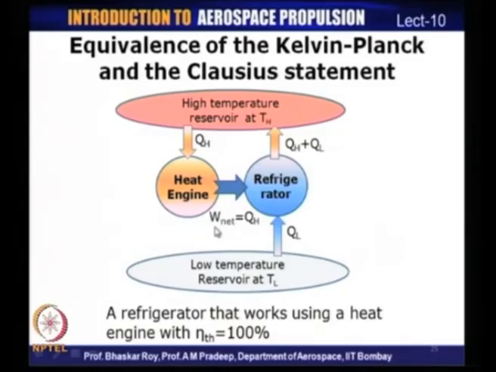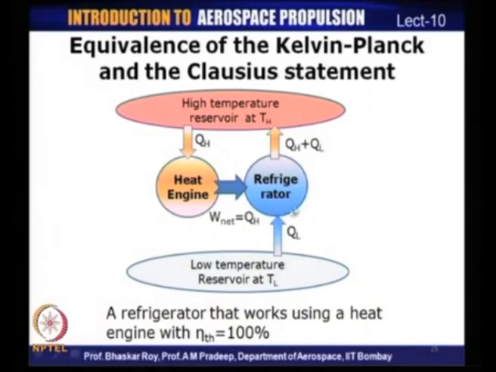So, W net here is equal to QH. So, this is a heat engine which has an efficiency of 100%, and therefore, this clearly violates the Kelvin-Planck statement of the second law, which states that you cannot have a device which converts whatever energy is input entirely into work output. So, this heat engine violates the Kelvin-Planck statement.